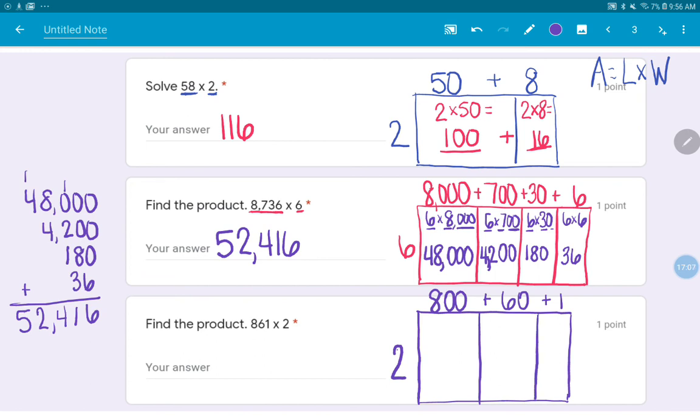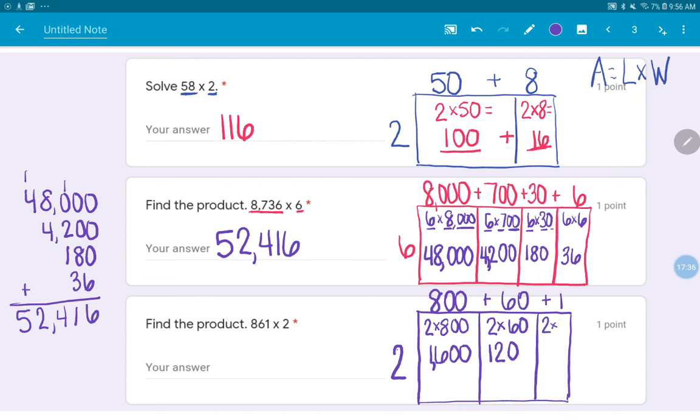Alright, so for our first section, we're going to find the area by doing 2 times 800. 2 times 8 is 16. I'm going to add the 2 zeros. Then we'll do 2 times 60. 2 times 6 is 12. And add the 0.